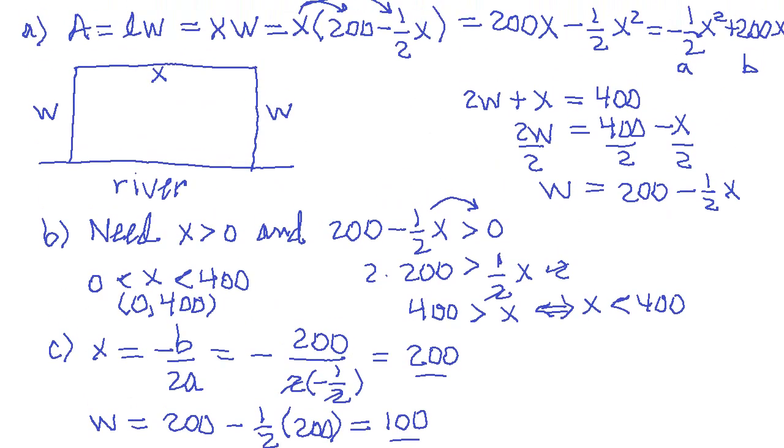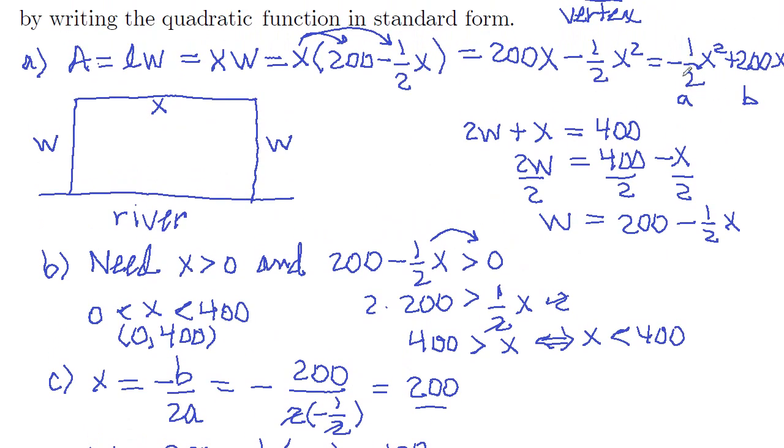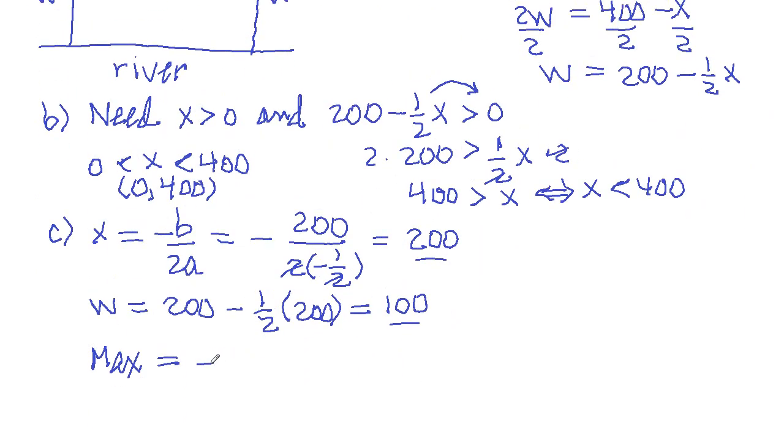So our function was the -1/2 x squared plus 200x. So this will be -1/2 times 200 squared plus 200 times 200. And that is 20,000.